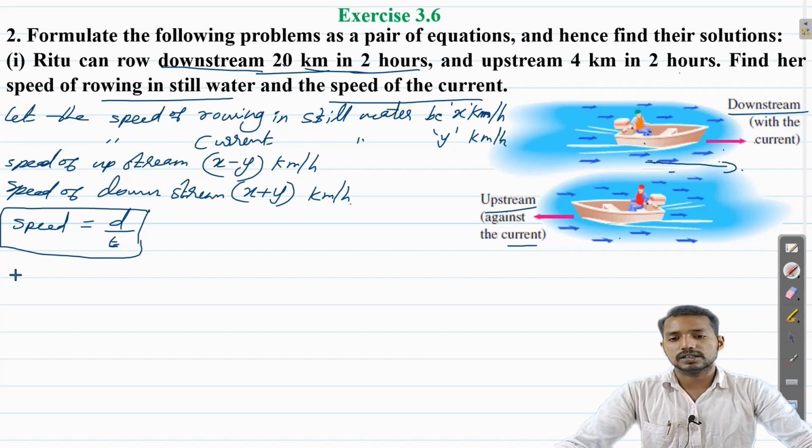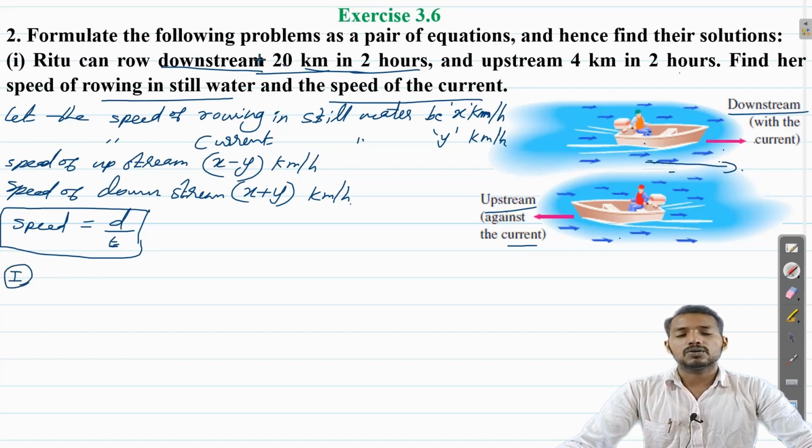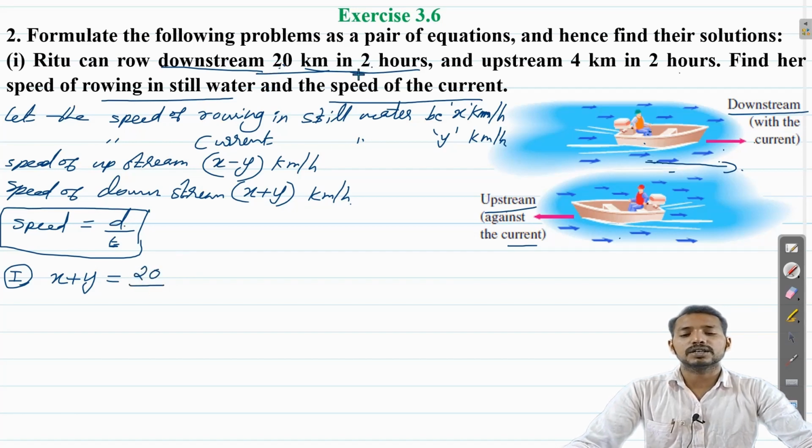So first condition, that is downstream 20 km. So what is the speed in downstream? That is x plus y, which is equal to distance 20 km divided by the time taken, 2. So that implies x plus y is equal to 20 divided by 2, which is 10, equation number 1.